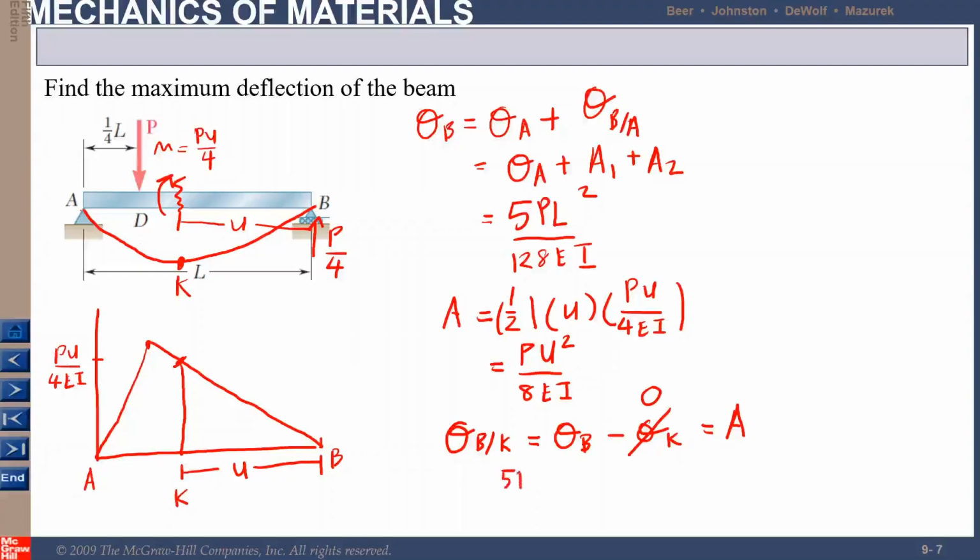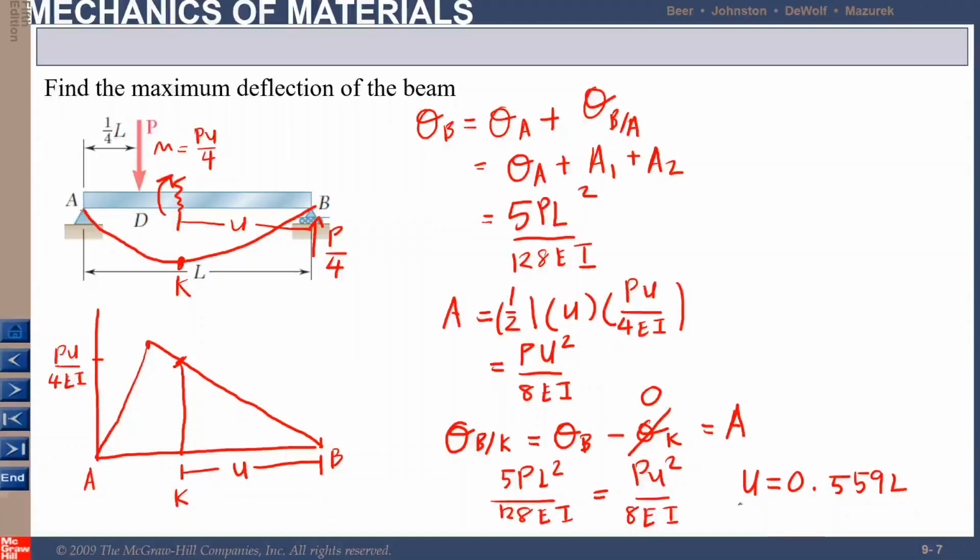5PL square over 128 EI is equal to PU square over 8 EI. Then we can get the value of our U as 0.559 L. This is from this part here.